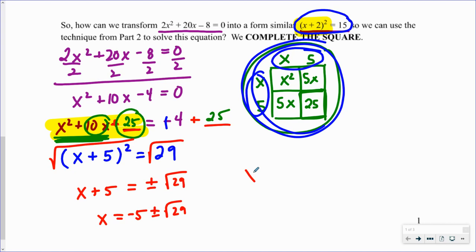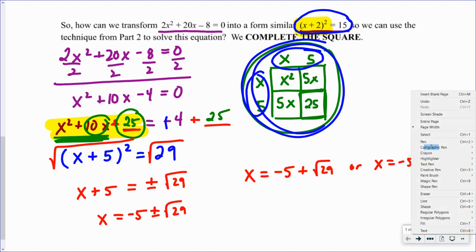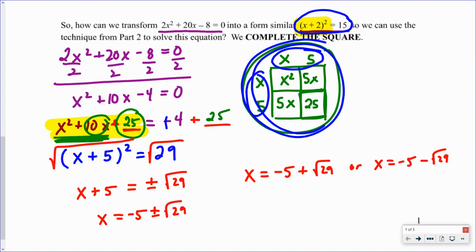And those results are x equals negative 5 plus the square root of 29, or x equals negative 5 minus the square root of 29. Now, if I were to simplify those with a calculator, these are the numbers that I get. x is approximately 0.39, or x is approximately negative 10.39.